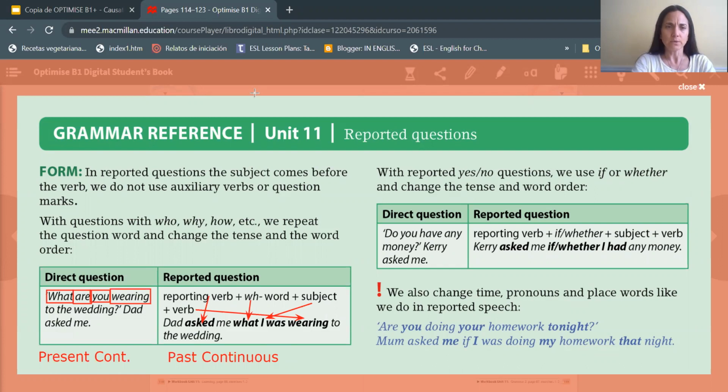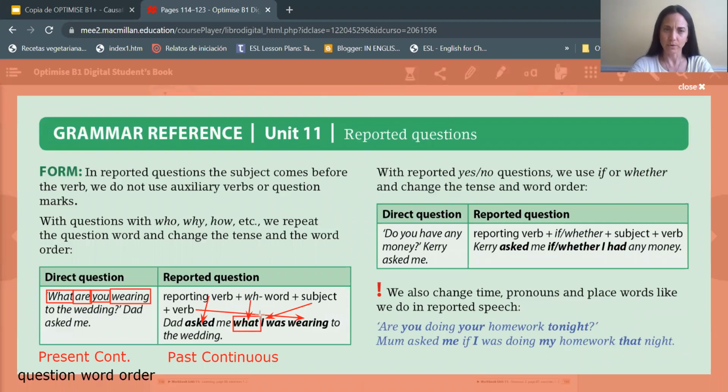Here in the direct question, yes, you can see that we have a question word order, okay, as what I marked right here. Yes, now what happens, let me put this in black. What happens in the reported question? That asked me what?